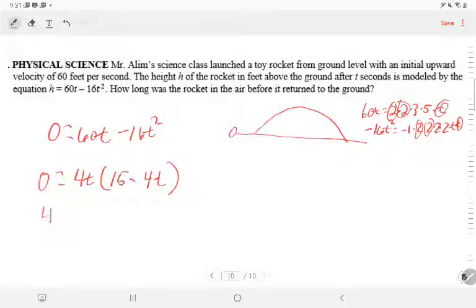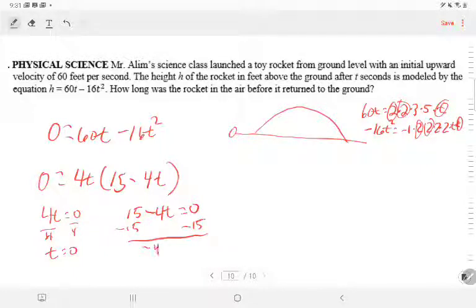Then I would set 4t equal to 0, divide by 4, and t equals 0. And then I would set 15 minus 4t equal to 0. Subtract 15 from both sides, and I get -4t equals -15.